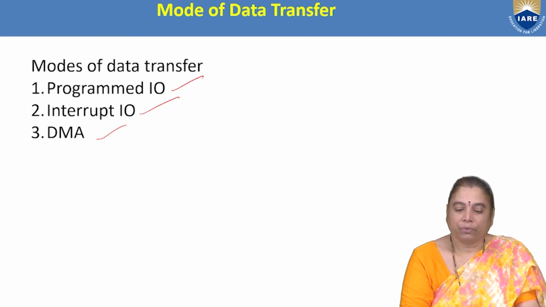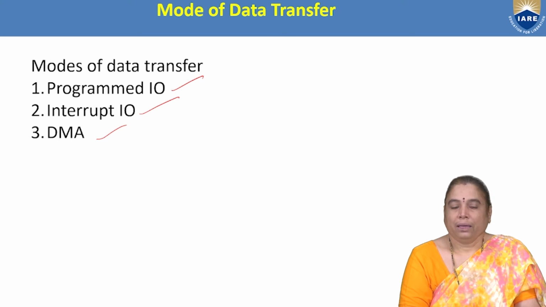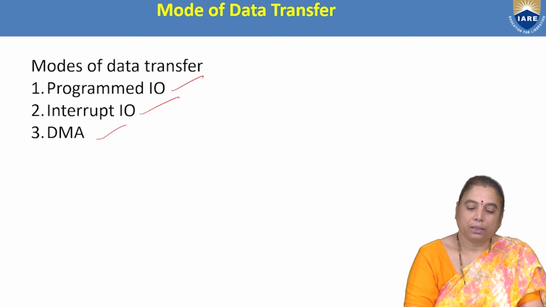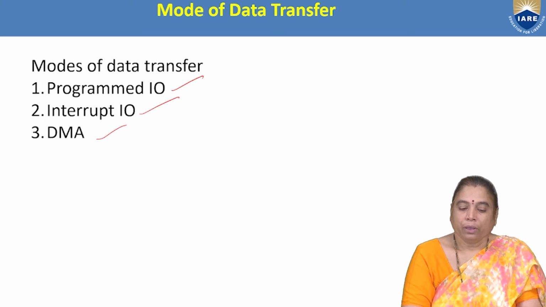That type of data transfer is called programmed I/O. In case of interrupt I/O, with the help of interrupt signals and by describing the priority of the interrupt, the I/O operation is performed. That category of data transfer is called interrupt I/O.